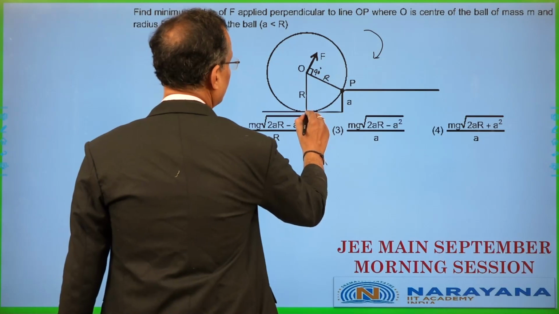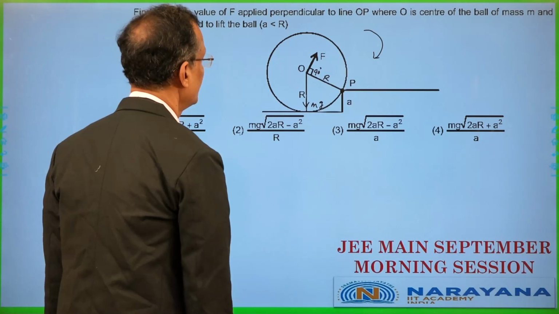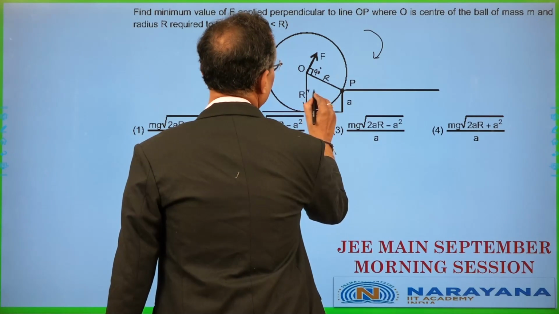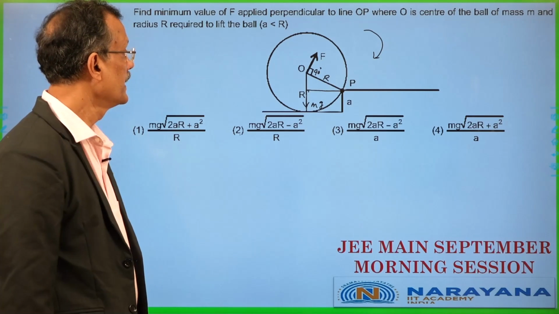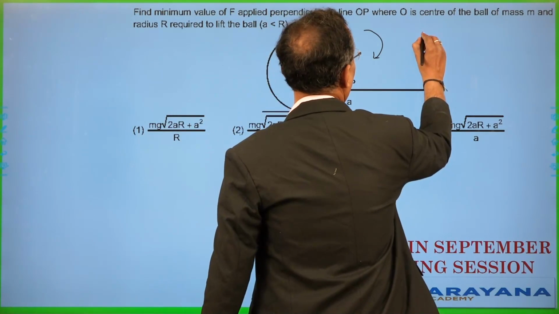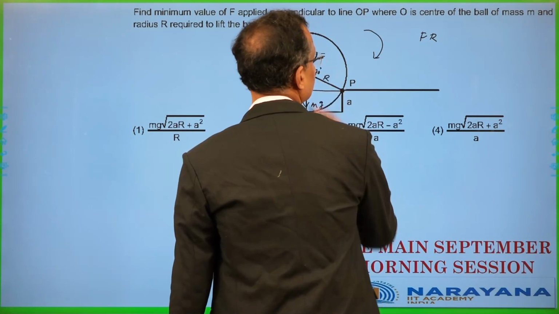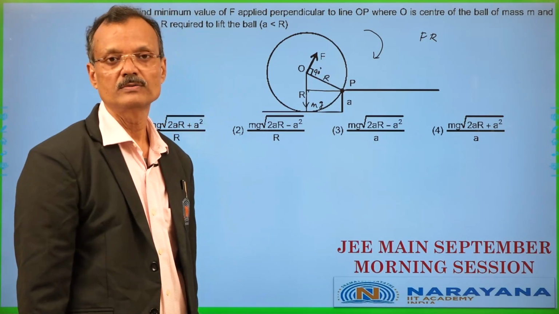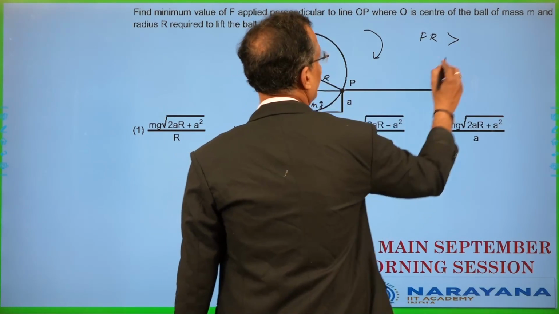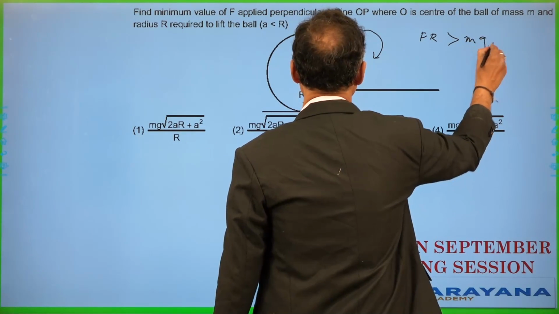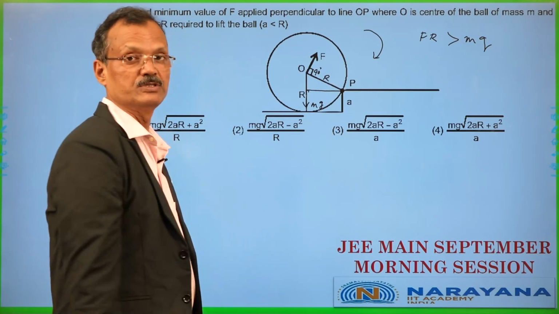In this direction, mg is acting, its weight. Clear? And this will try to rotate it in anti-clockwise direction. It means that my F into R, because the angle is 90 degrees, must be greater than force into perpendicular distance, mg into, this is the line of application of mg.